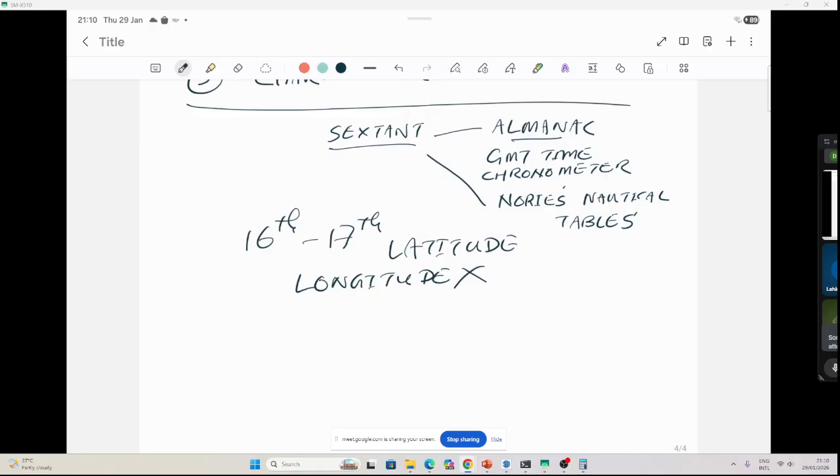Because of this problem, the clocks were not keeping the correct time. That was the issue that everybody was having: how to build a clock in order to withstand the motion of the ship and the temperature variations.